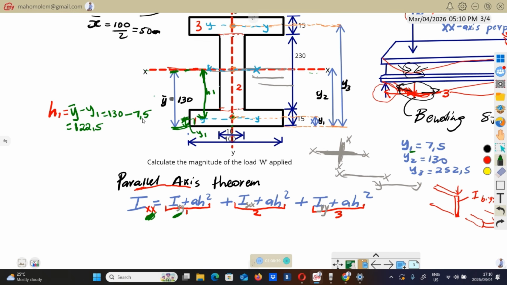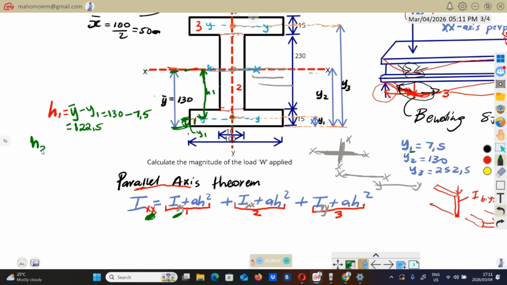That will be h1. That will be the distance from the x-axis of the composite to the parallel axis from box number 1.